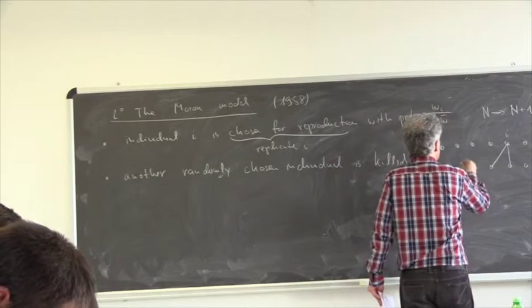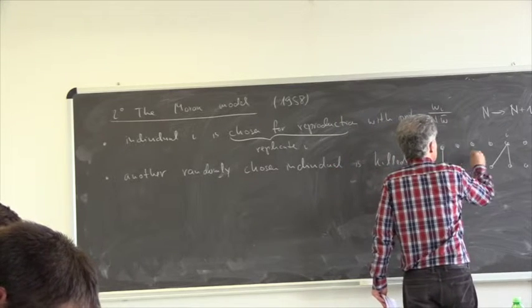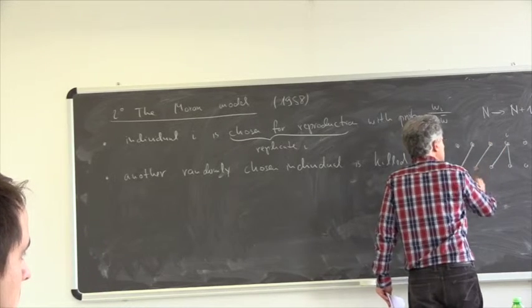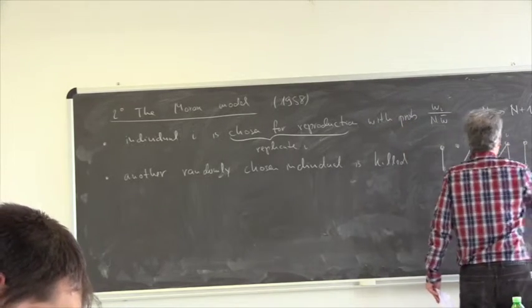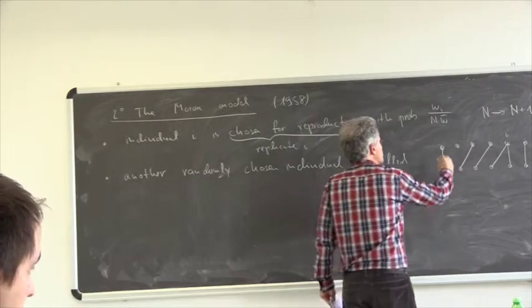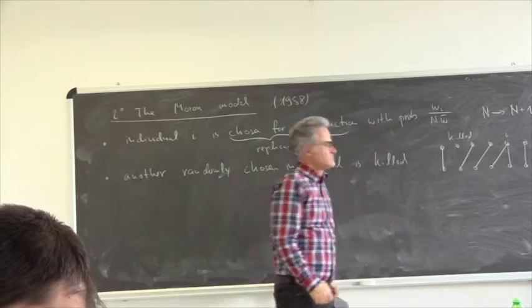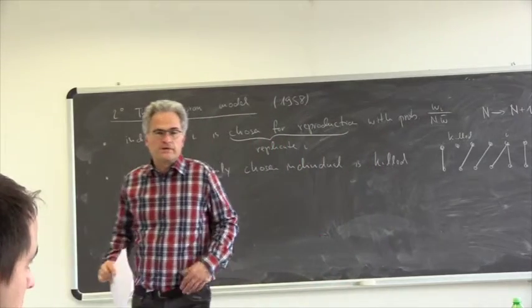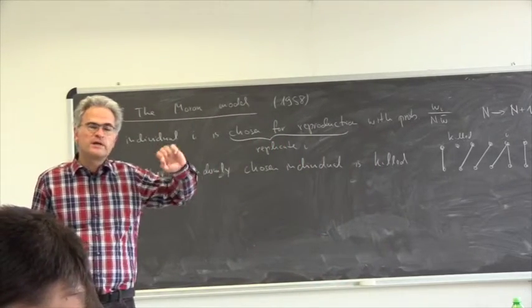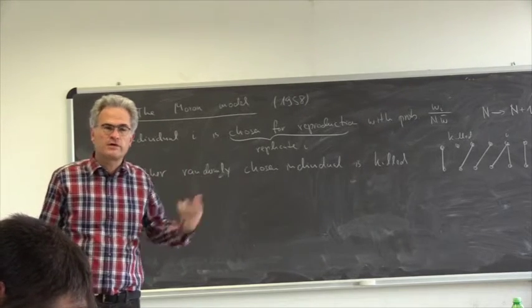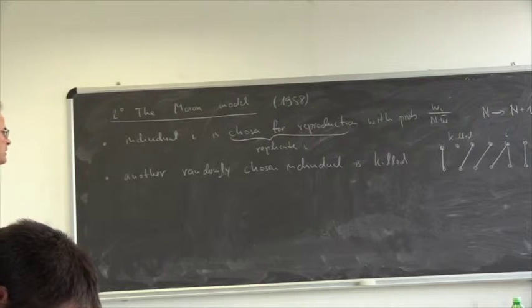So, for example, if I choose to kill this one, then all the other ones will more or less stay as they are. So this one is killed. So in terms of these offspring numbers, one individual has two offspring, one individual has 0 offspring, and all the others have 1 offspring.